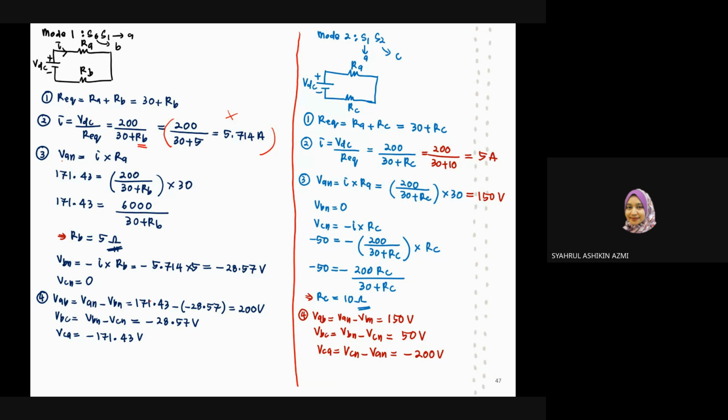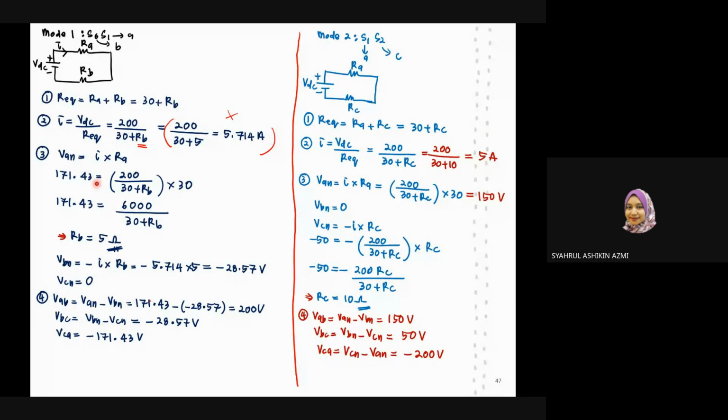VAN will be equal to I multiplied by RA. Your VAN is already given in the question, which is 171.43, this one over here in the figure just now, in the waveform.